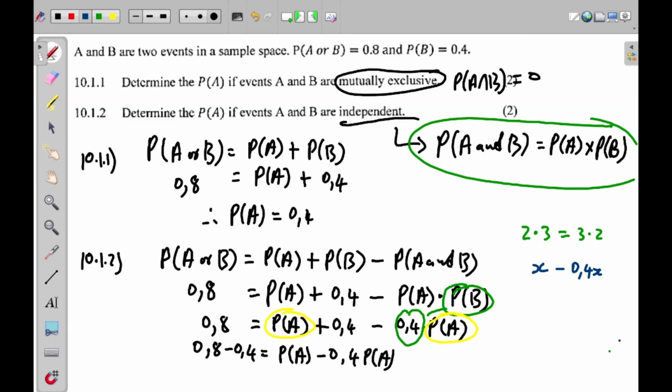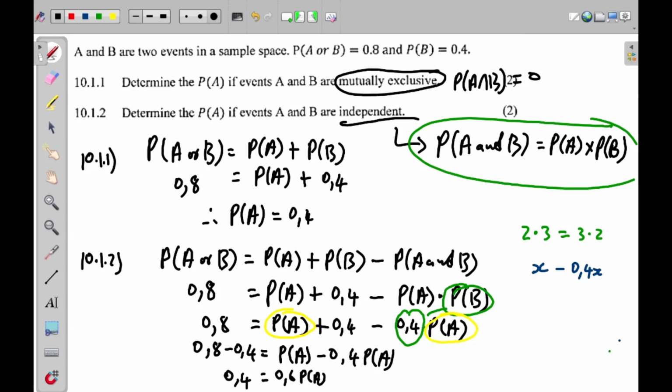These are actually like terms. So you have 1x minus 0.4x. That should, I hope you agree, give you 0.6, because these are like terms. So this should be 0.6 times probability of A. And obviously 0.8 minus 0.4 is just 0.4.